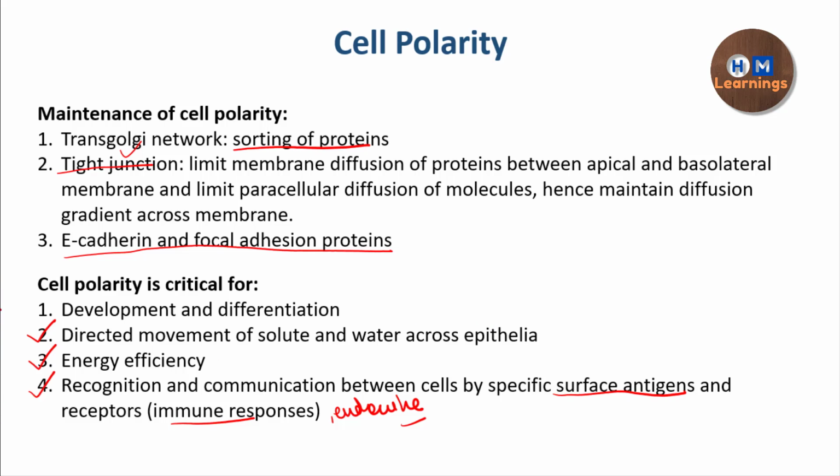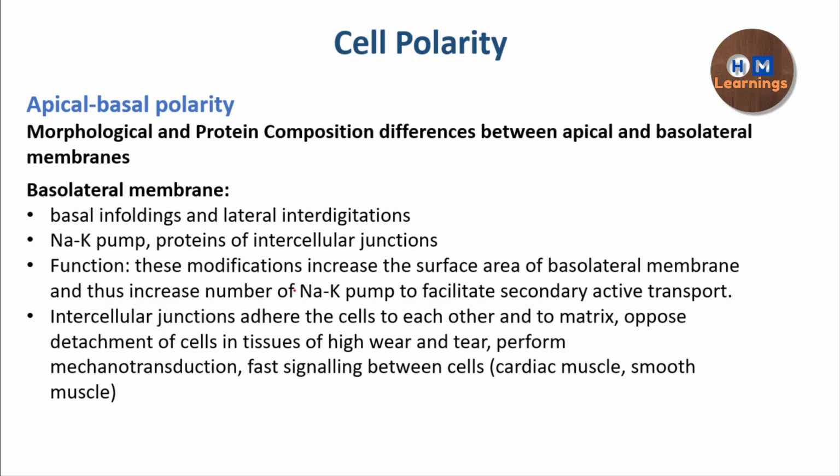So this function is also covered, and it is also important for development and differentiation. Okay, so I think there are some points which I left here. Okay, this is already clear.